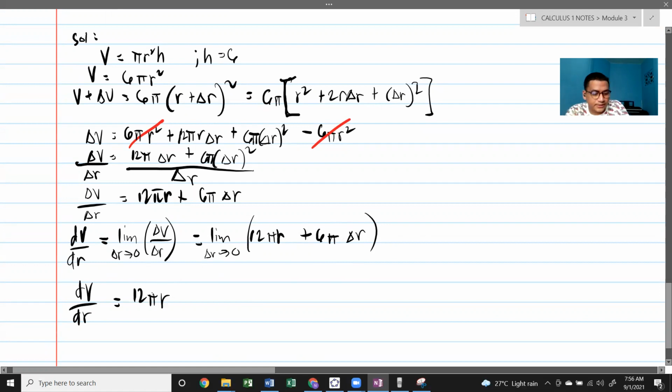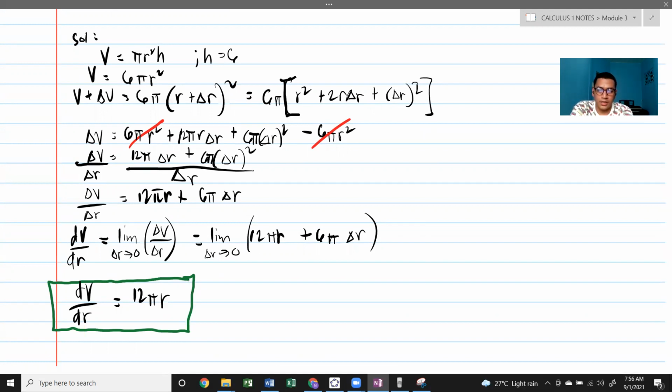So that's our rate of change of the volume with respect to its radius. When our radius is varying, our volume will also be varying.